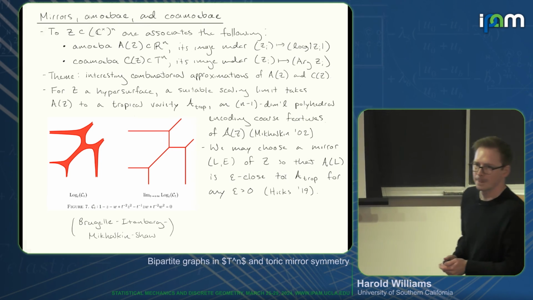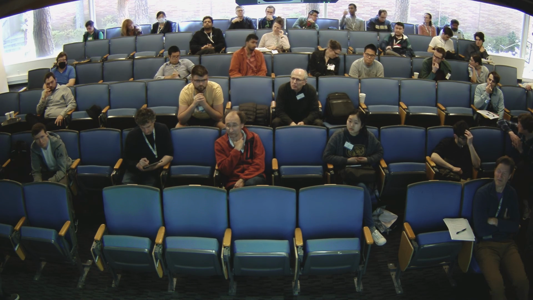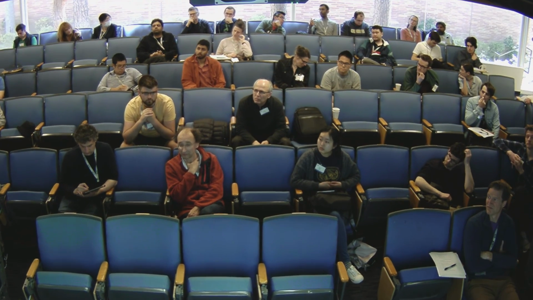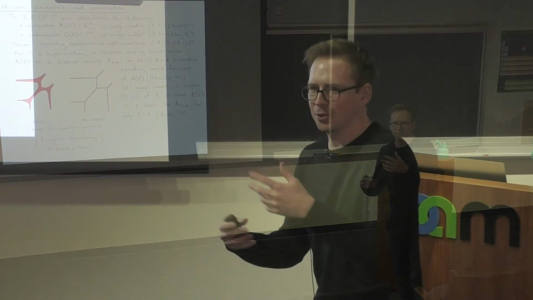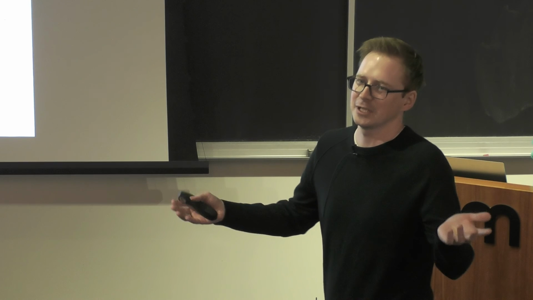When you say you have a many-to-one correspondence between varieties Z and mirrors, how many is many? Like one parameter? Uncountably many. It's an infinite dimensional parameter space, at least, because I can take a Lagrangian and perturb it by a Hamiltonian isotopy. That's an infinite dimensional choice.